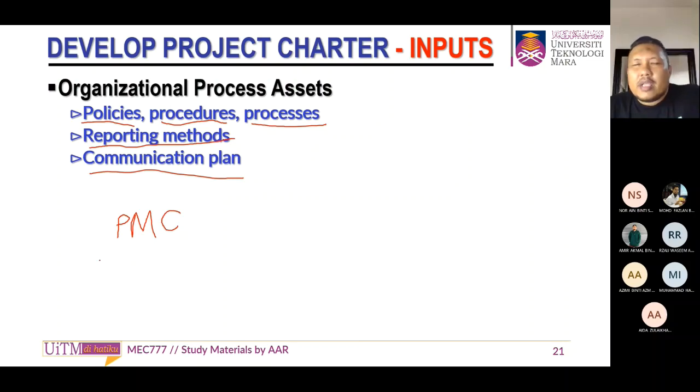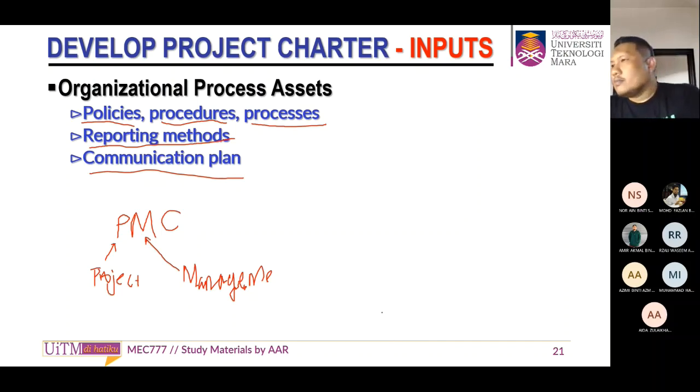Okay, if in the project they have this PMC, this stands for project management control.